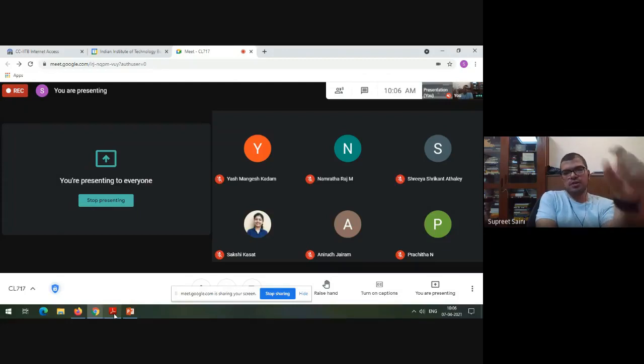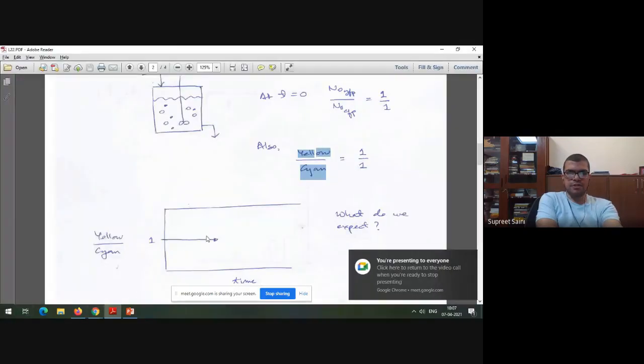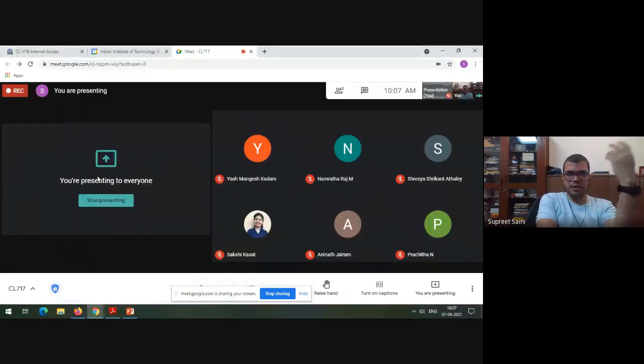The readout that I'm measuring from my experiment is the ratio of yellow to cyan. We'll worry about how to get DFE from that later. But how is the readout going to change over time? I've purposefully only kept it at 1. But then what's going to happen? Can we anticipate that?